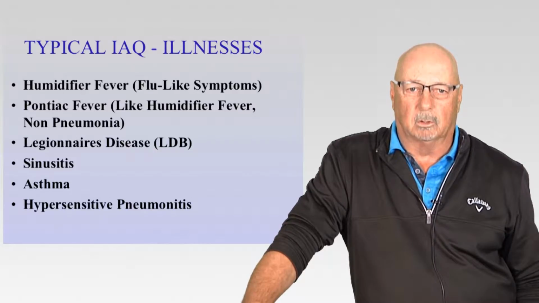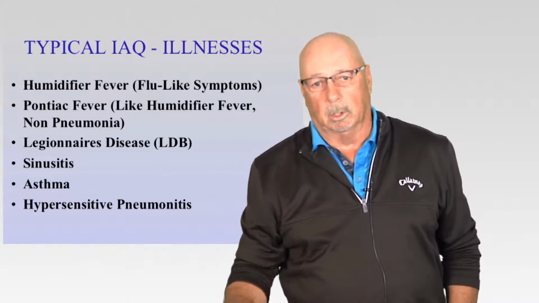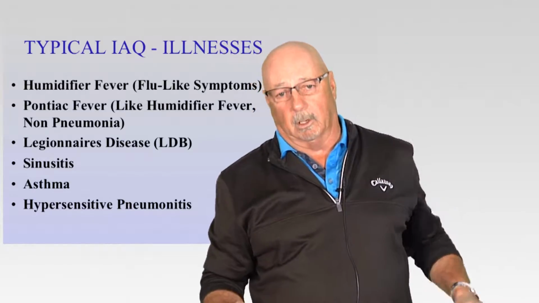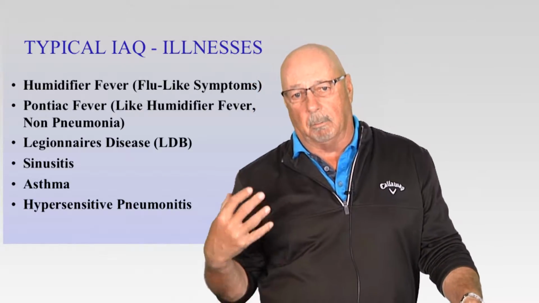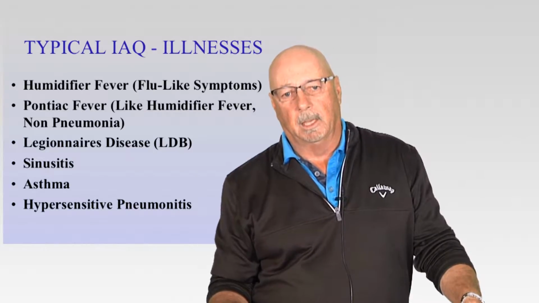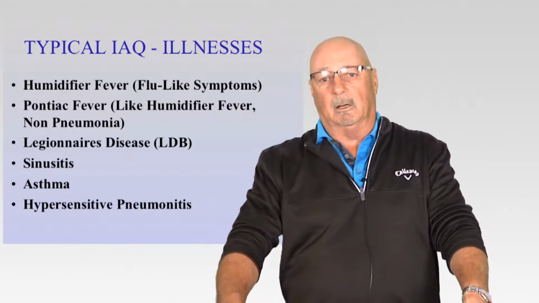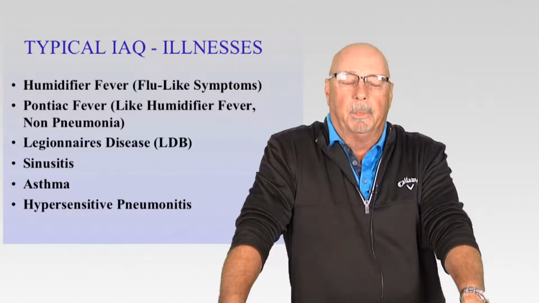Another one is referred to as Pontiac fever, very similar to humidifier fever, although you won't have any kind of pneumonia-like problems that can occur. Another well-documented illness is caused by the Legionnaire's disease bacteria.